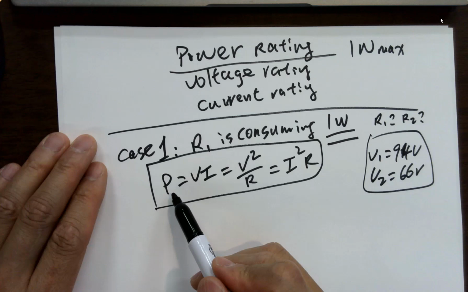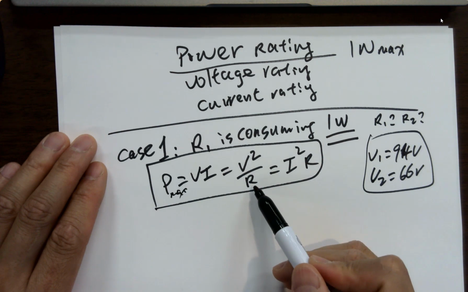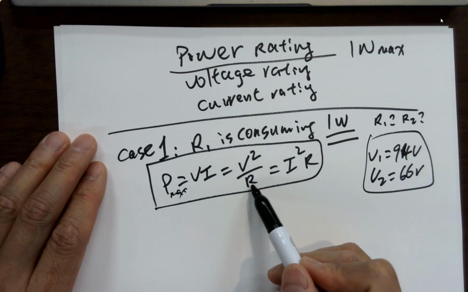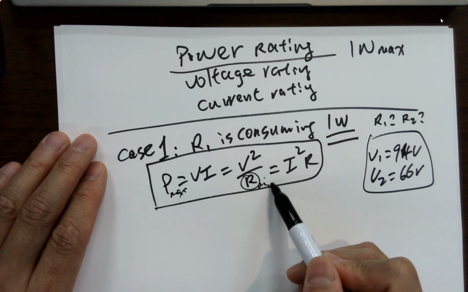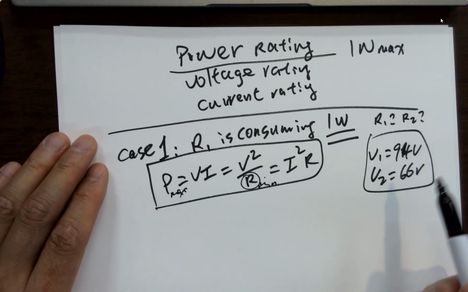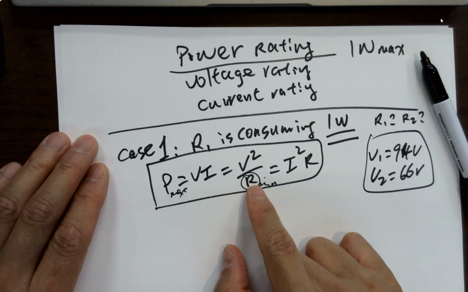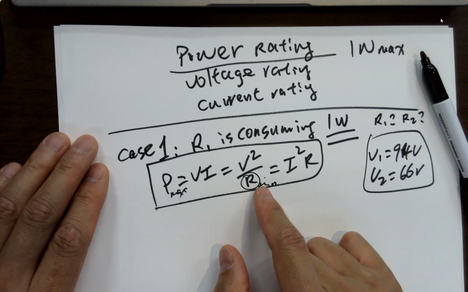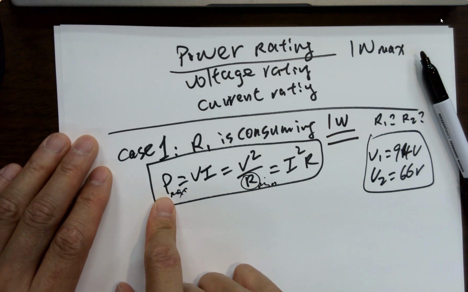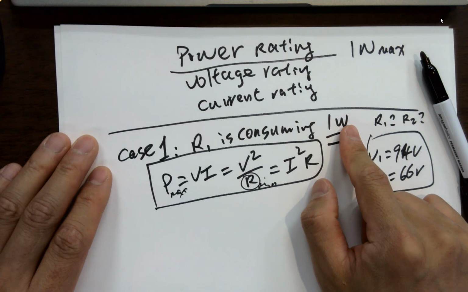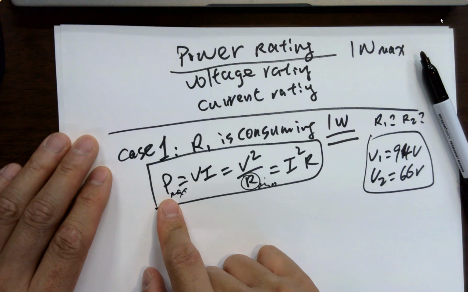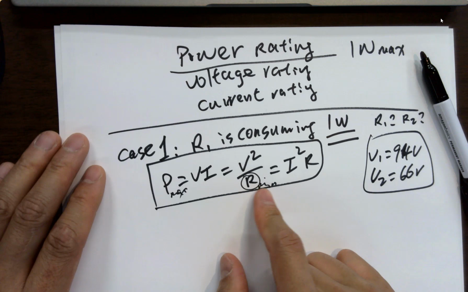Why is it minimum? Because whenever the power is hitting max, the resistance is at the denominator, so this must be the minimum. If power is the max, this must be the minimum resistor you can have. So that's why we assume this one to be the maximum power. Just put the max over here, so you can find the minimum R1.